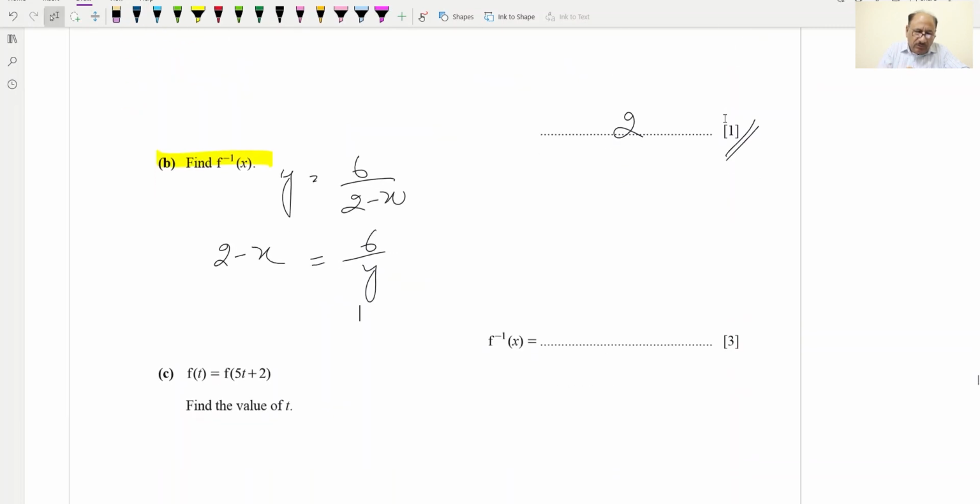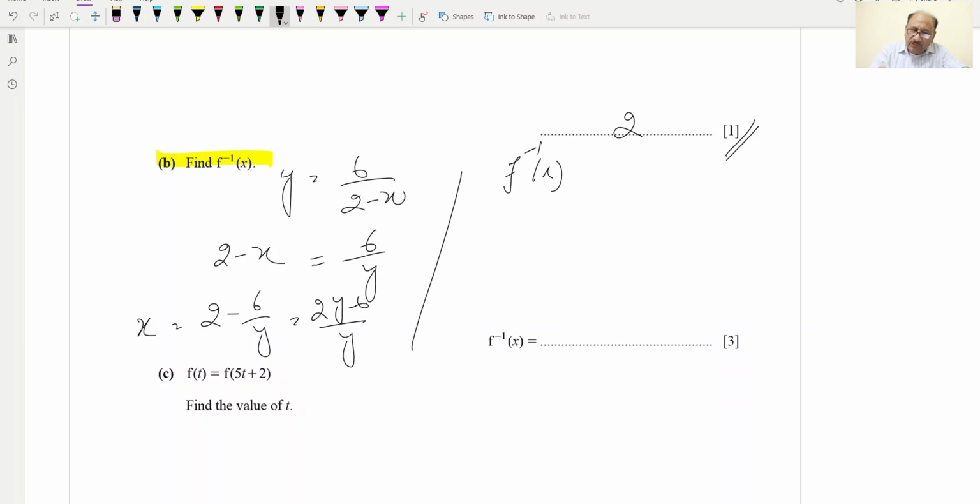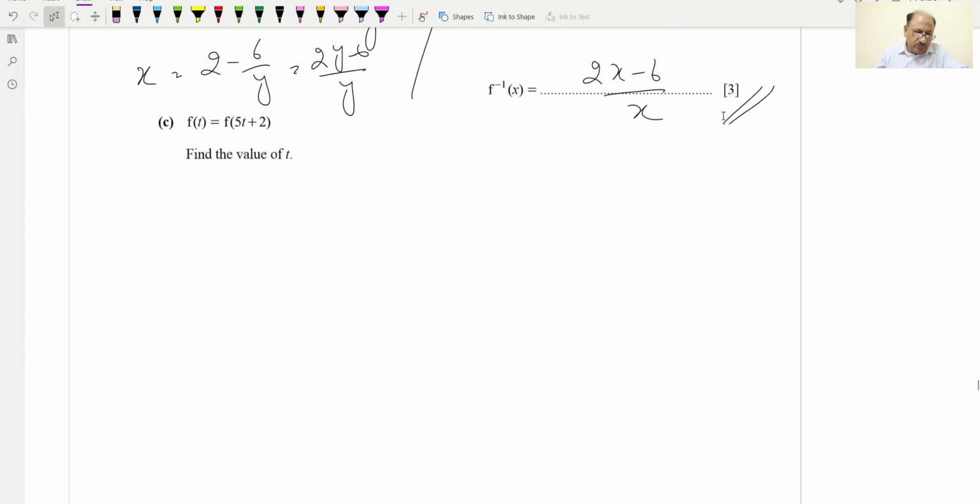Now we can rewrite it as x is equal to 2 minus 6 over y, or we can write this as 2y minus 6 over y. So now we can swap it. F inverse of x will be equal to 2x minus 6 over x. So this will be our final answer for the 3 mark question.